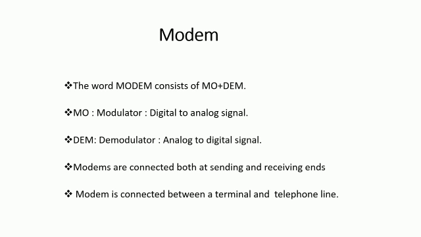The word modem consists of mo and dem. Mo is modulator that converts the digital to analog signals, and demodulator converts the analog signal to digital signal. Modems are connected both at the receiving end and the sending end. It's an electronic device that converts a computer's digital signal into specific analog signal that travels over the cable television lines.